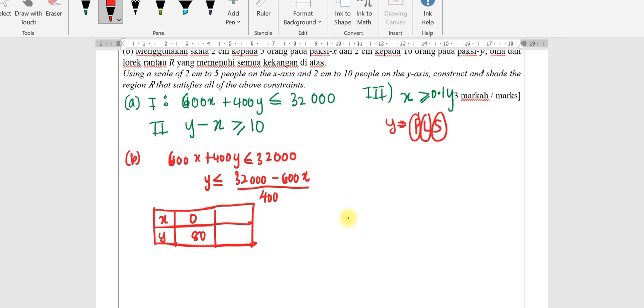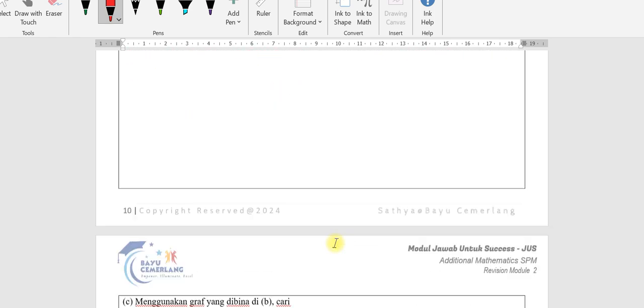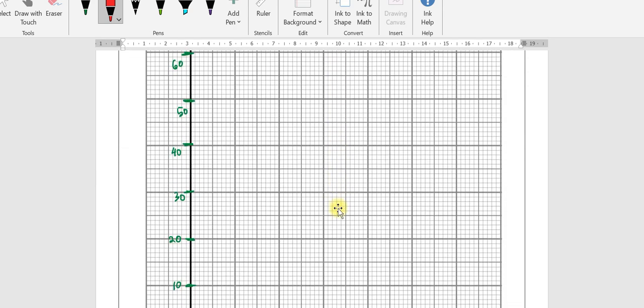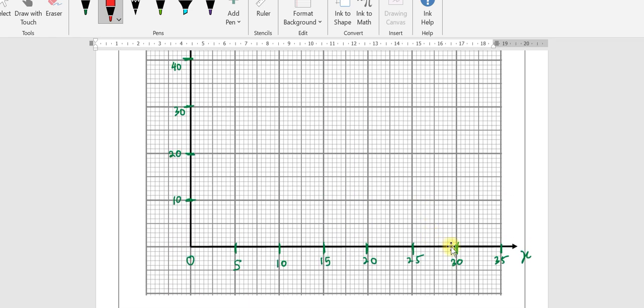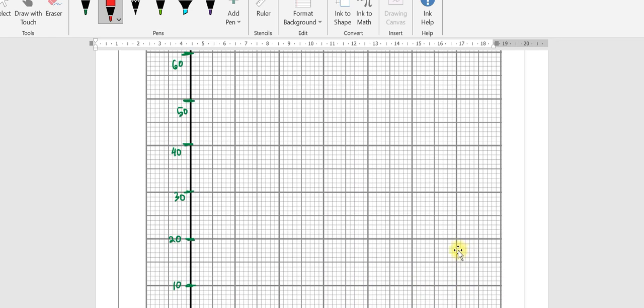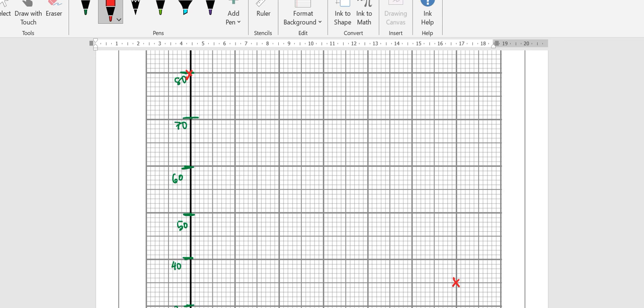If I substitute 30, I get 35 as my answer. So let's draw this: (0, 80) and (30, 35). So (0, 80) is here, and (30, 35) is here. Alright, let's join them.